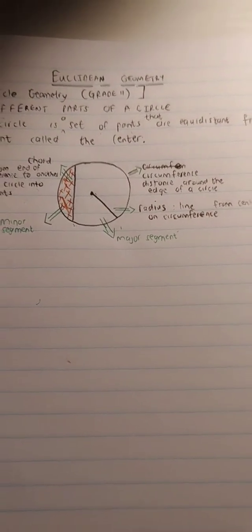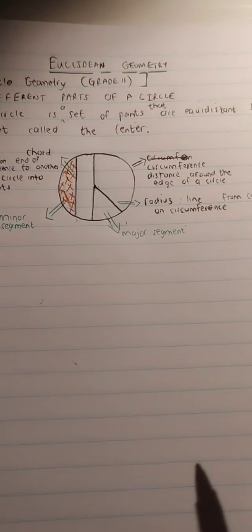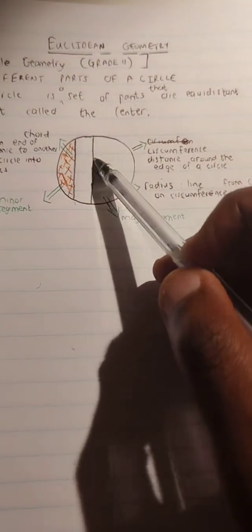Continuing right along, there is that line that passes through the center and goes to the other side of the circumference of the circle. It's kind of like a chord, but it is a special kind of chord because it passes through the center.